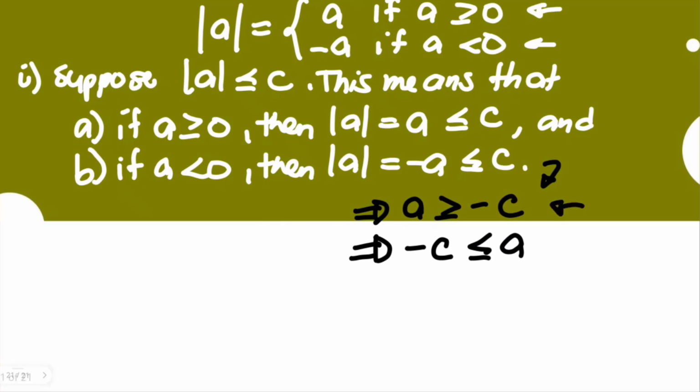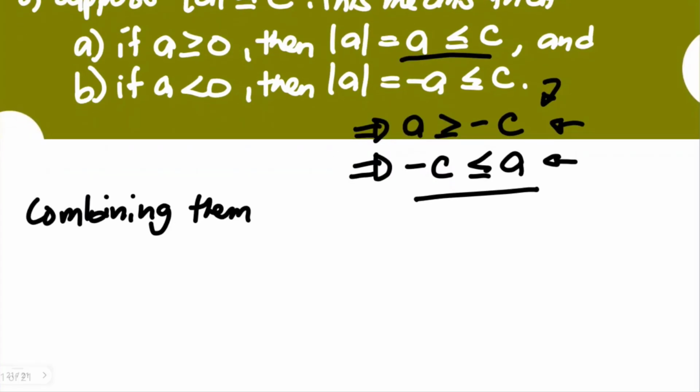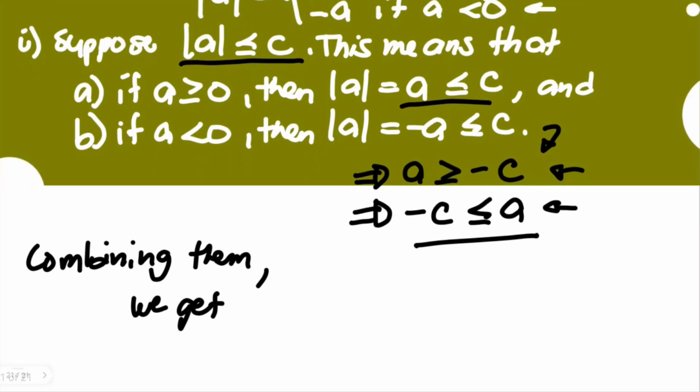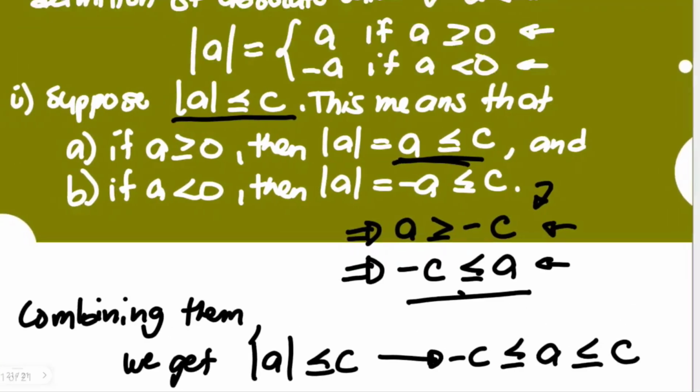We multiplied negatives on both sides and then transferred negative C to the left-hand side. Combining this with the earlier result, we get the statement that the absolute value of A is less than or equal to C implies A is greater than or equal to negative C, but less than or equal to C. Hence, we have shown the first part of our proof.